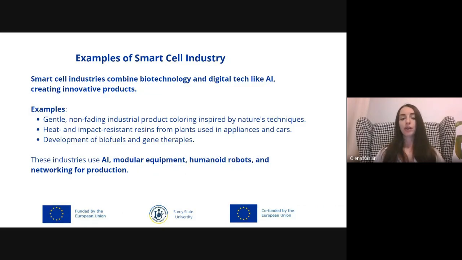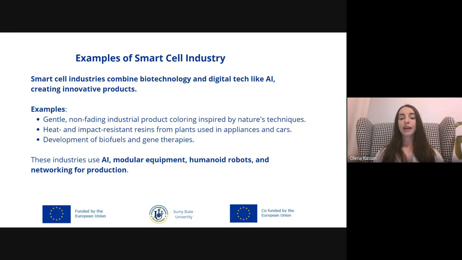For example, research is being done on technologies that realize industrial product coloring that is gentle to the human body and the environment, by artificially reproducing the coloration technologies of living organisms that exist in nature without using human-made pigments.